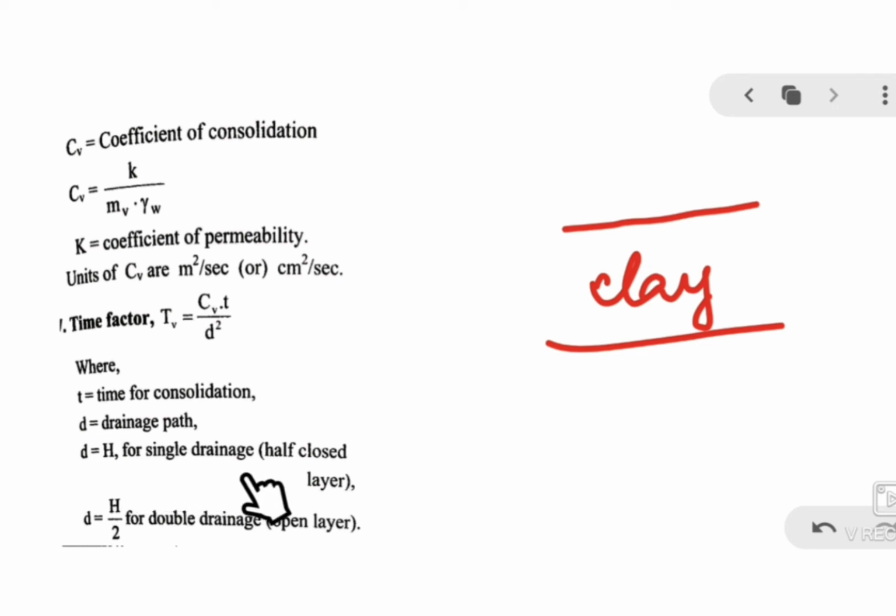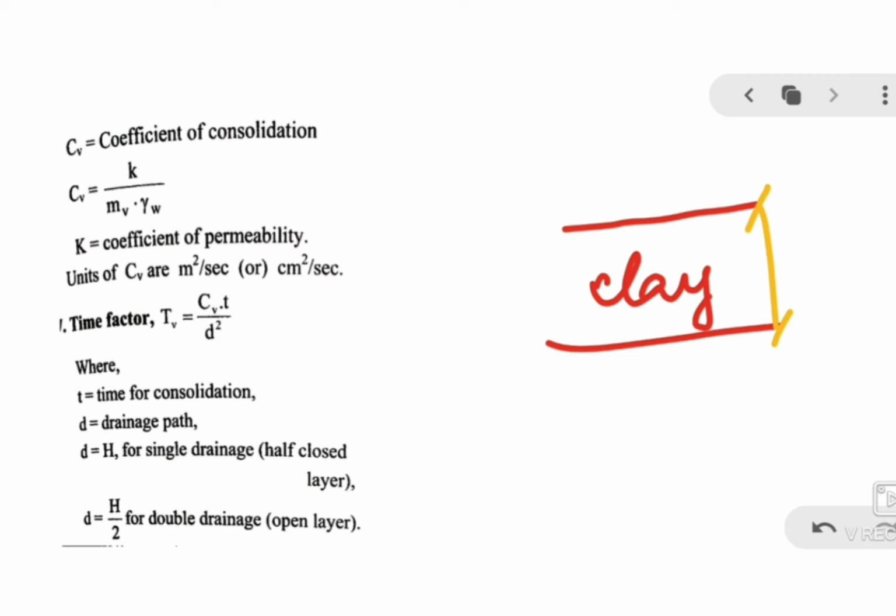If single drainage, then you will take it as it is given in the question. If it's a double drainage, then you will take the depth as half. So what is meant by single drainage? For example, this is our soil, for which you are going to find the time factor.